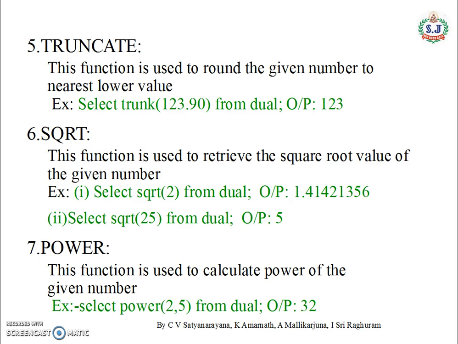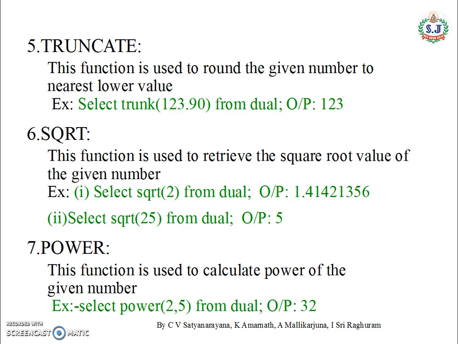The next function is truncate function. This truncate is a rather simple function which truncates the decimal part of any number. So in this example, 123.90, when it is applied to the trunc function, the decimal part is truncated and only we get the integer part as shown in the following example.